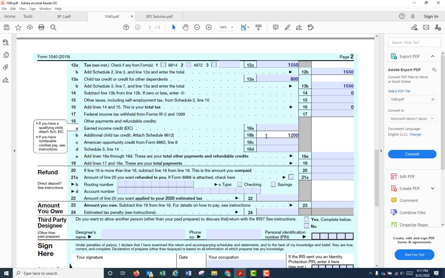This again is a refundable credit, meaning that okay, balance of tax is 0, but then we could get this $1,200 refunded, meaning money paid from the government to the taxpayer. Another credit called the Earned Income Credit, also a refundable credit, is relevant in this problem, and that needs to be populated in line 18A.